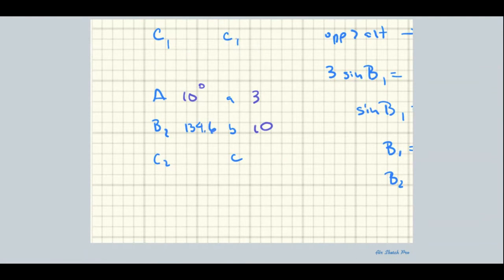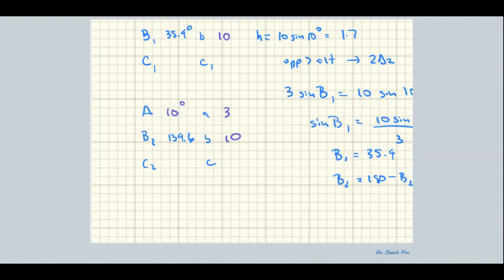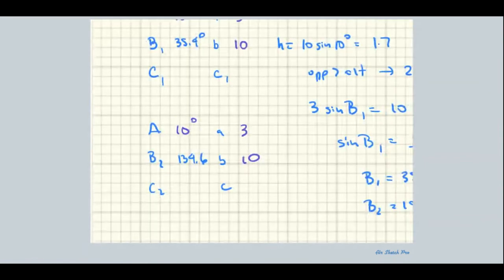Okay, and now you can calculate C1 and C2. Of course, I can do it the cheap way. What's B2? 144.6.